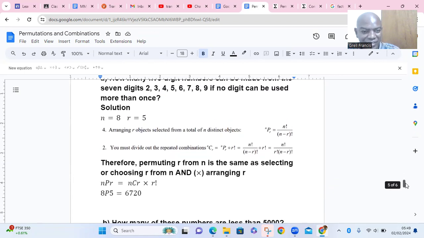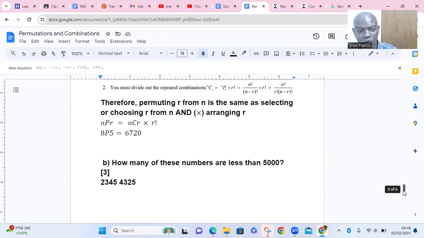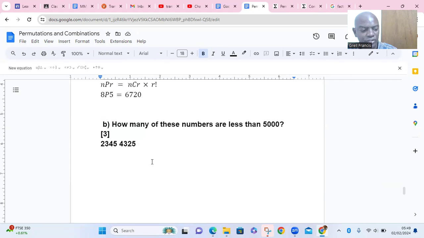So we have to fix the first digit. The first digit must be either 2 or 3 or 4, where "or" implies add. So we have to calculate those that begin with 2, those that begin with 3, and those that begin with 4, and then we add them together.